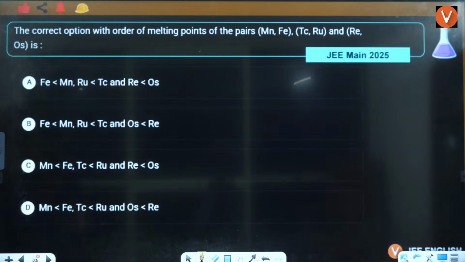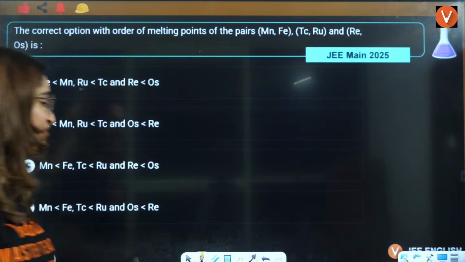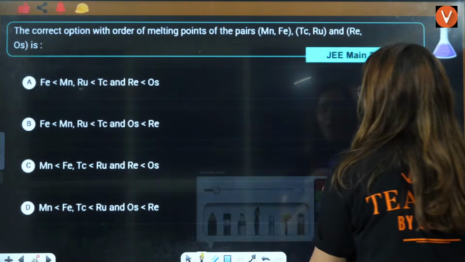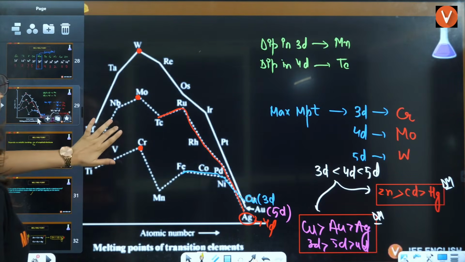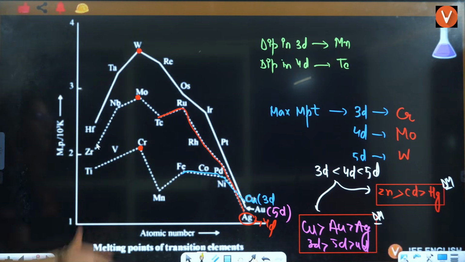Okay, so let's see. 57% of you have answered A. So you are suggesting that A is the correct answer, is it? Let's see if you're right or wrong. Tell me from the graph here, right? Now you have the graph.